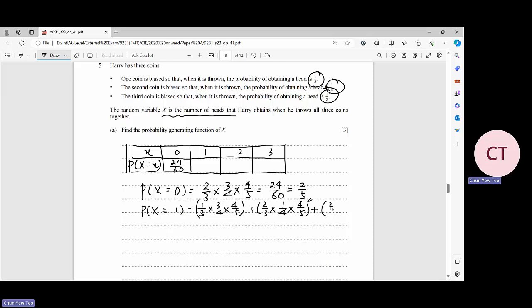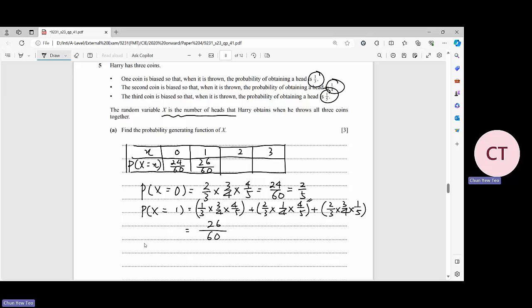Then or the first coin is tail, the second coin is also tail, and the third coin is a head. Okay, so you get a total of 12 plus 8 plus 6. 12 plus 8 plus 6, you get 26.